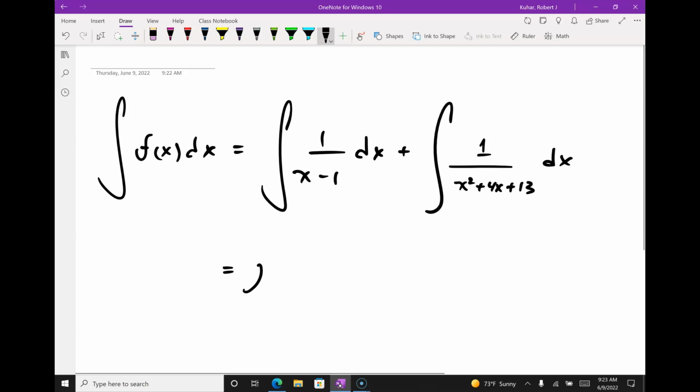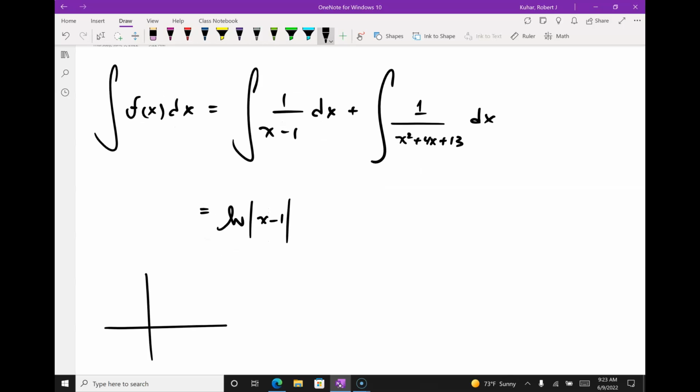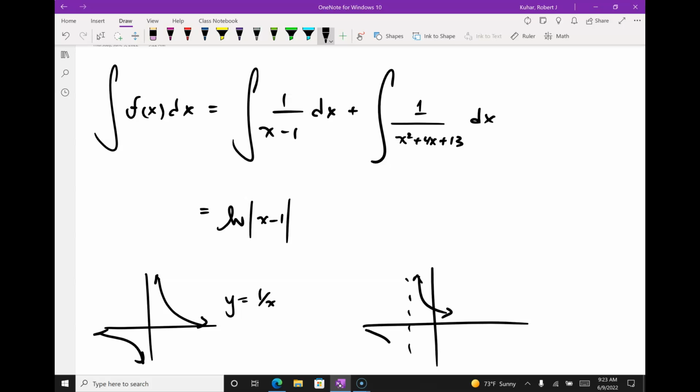And of course, my first one is just the ln of x minus 1, right? You probably learned that in Calc 1, I hope you did. So if I have y equals 1 over x, or y equals 1 over x minus 1, you can see that it's just the same graph shifted.